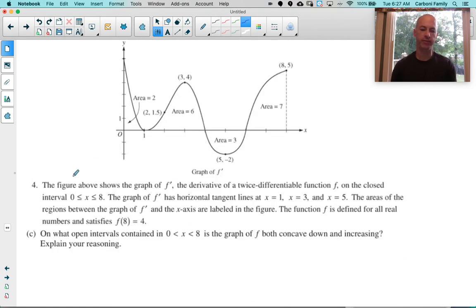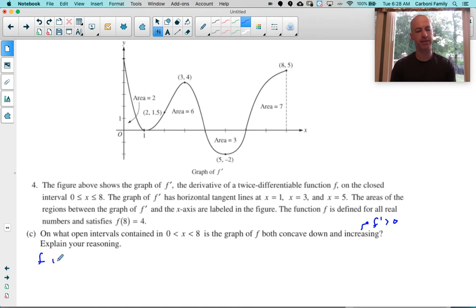Find the open intervals in which the graph is both concave down and increasing. Okay, the increasing part is going to be the easier part because if something is increasing, the derivative needs to be positive, and I'm staring at the derivative. And so my derivative is positive from 0, and we have a brief instant of the derivative being 0 at 1, but it is okay, since the derivative is positive on both sides.